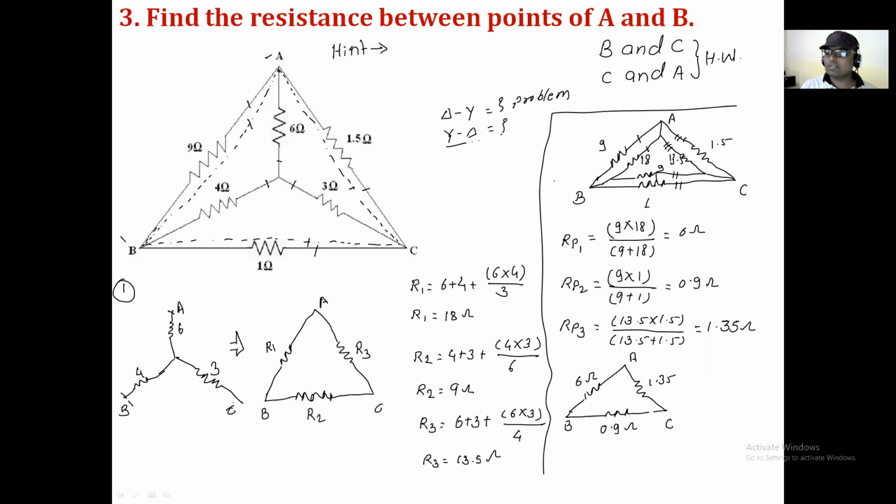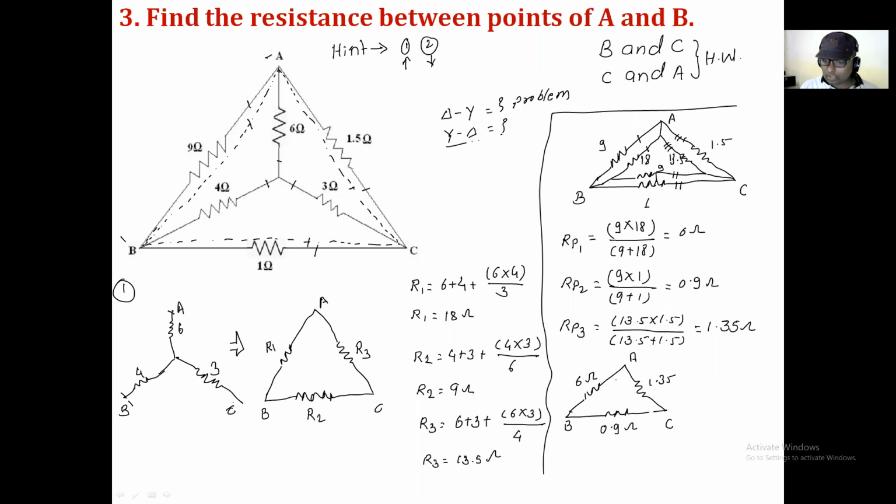What is that hint? I have already given that hint. Remaining two resistances are in series and that series is parallel to AB. Absolutely correct. It means that the hint is, when we want to calculate the resistance between any 2 points, we pass a current at any one of those points. Either you can pass at point 1 or 2, and we collect the current from the other point.